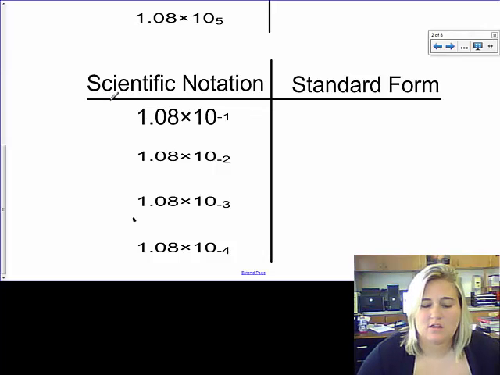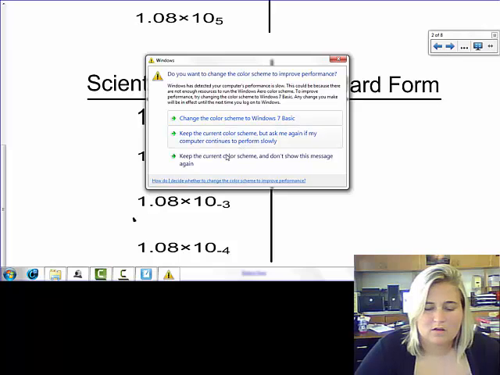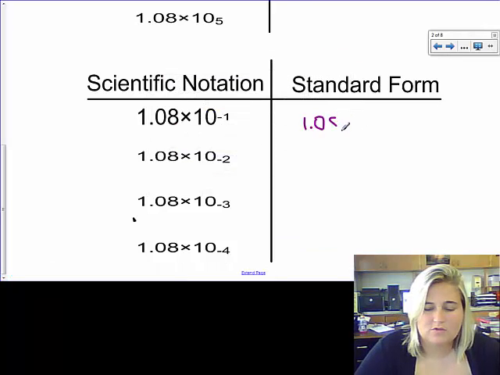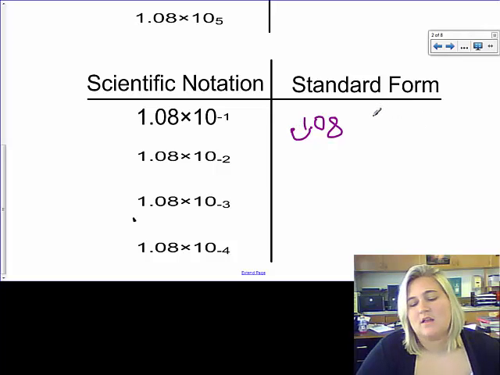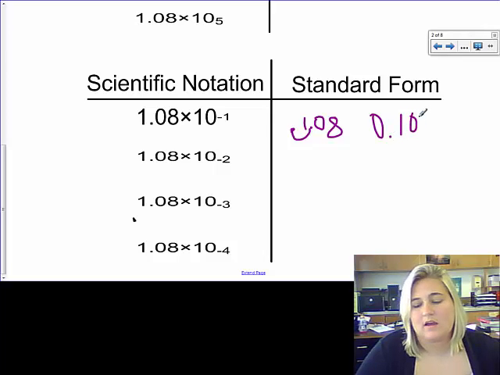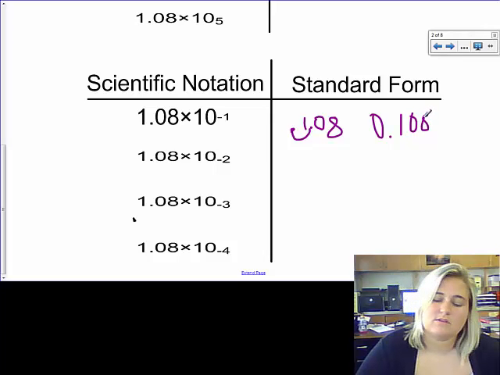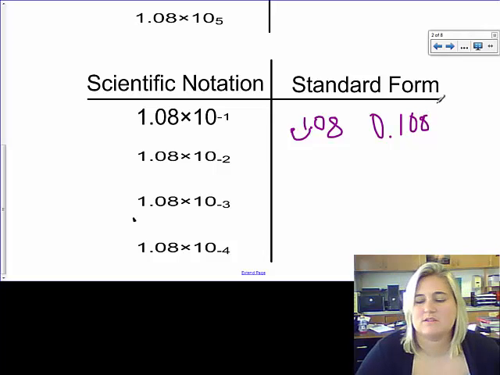So I will have 1.08, and I have to move that decimal 1 time in the negative direction, which is to the left. So my decimal is now here, which means that my new number in standard form is 0.108. Okay, that's an 8. Go ahead and finish the rest of the table on your own paper.